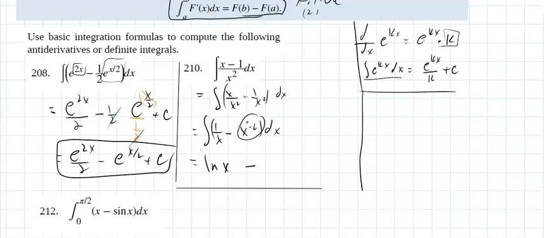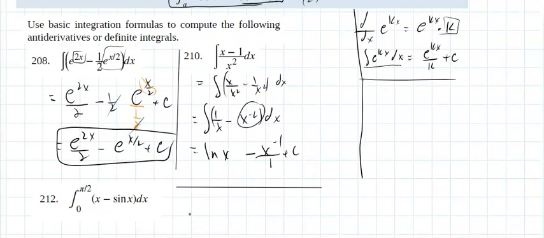Minus, add 1 to the power and divide by that. So we take a derivative of natural log of x, we get 1 over x. Now there's a small modification.